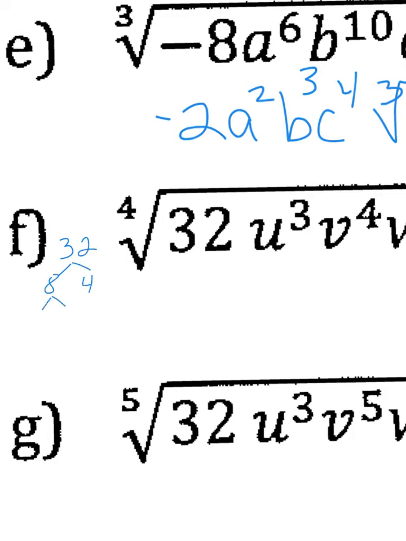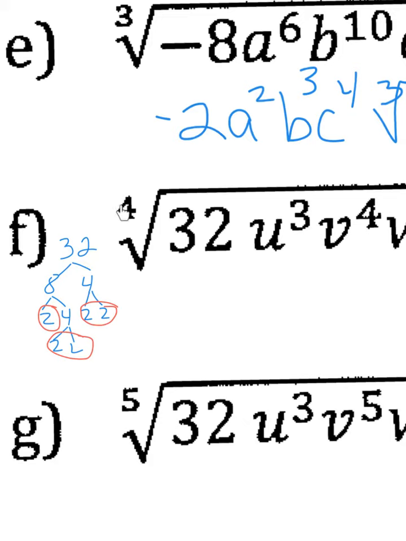Oh, we've done this one before. But what do we end up with? We end up with a bunch of 2's, don't we? All right, there are 5 2's here. 1, 2, 3, 4, 5.